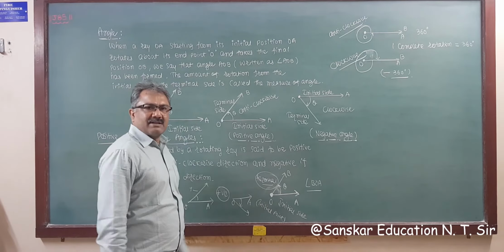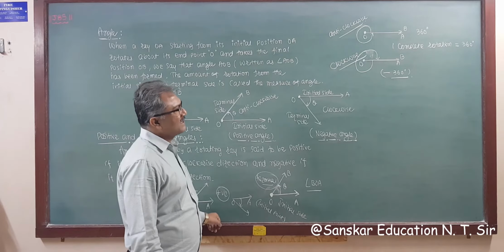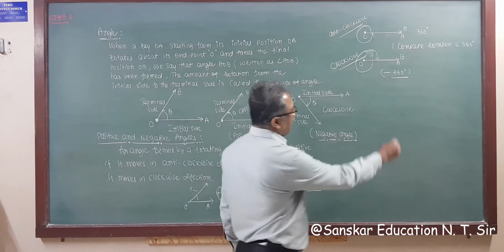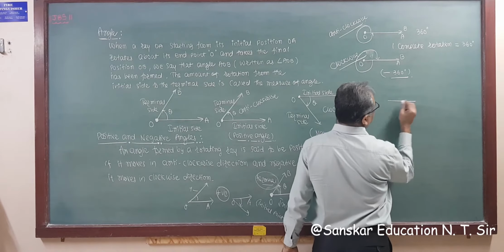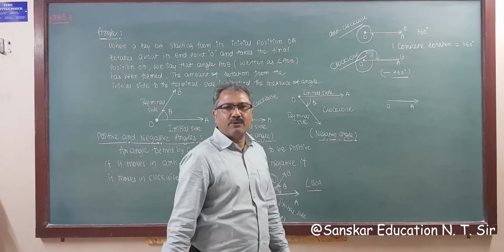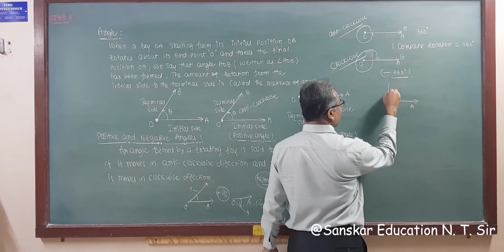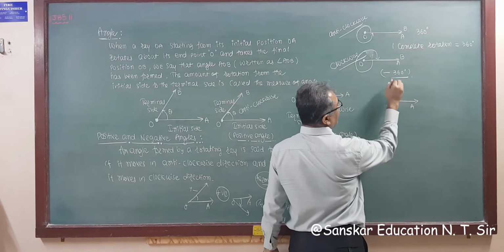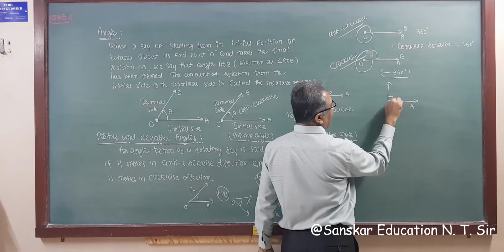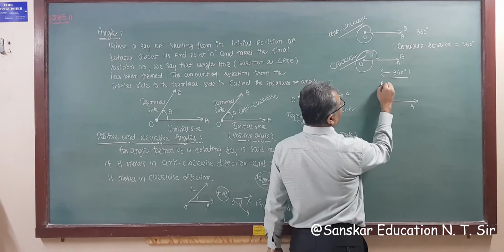Now suppose we draw a few angles. Suppose this is your initial ray OA, and the last position is your terminal ray. Then this angle is said to be a 90 degree angle.